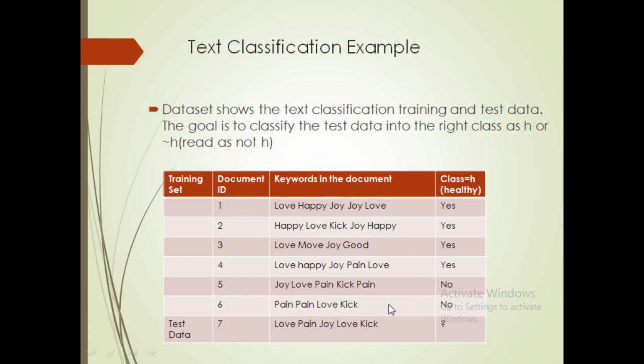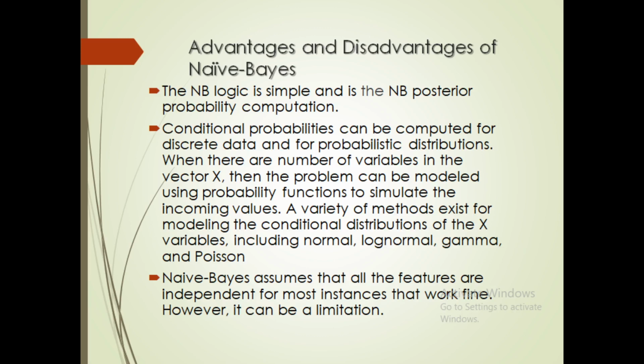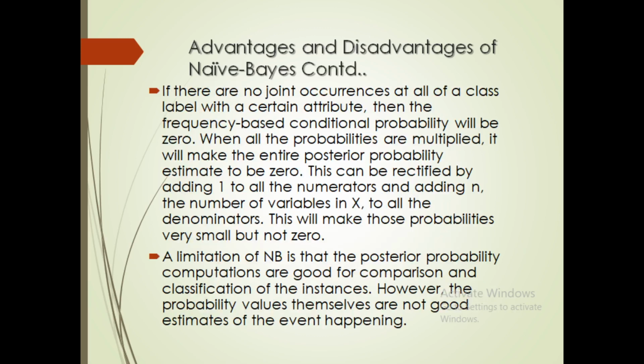In the training instances, whatever we have over here, love, happy, joy, we will be considering joy only once, love only once, happy only once. Like this, we will see how many distinct words we have over here. That will be the denominator term which we are going to take into consideration. That is, adding the number of variables in x to all the denominators. This will make those probabilities very small but not 0. This is how we have rectified the problem.